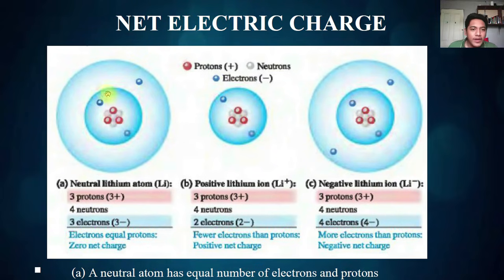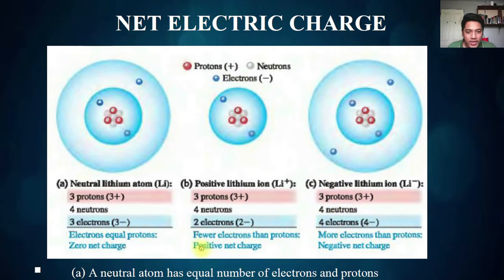And again, what will happen if in this neutral lithium atom I add another electron? Now we have 4 electrons, 1, 2, 3, 4, but our protons are still 3. So the number of electrons is now greater than the number of protons.